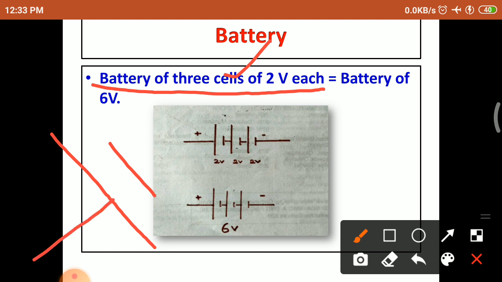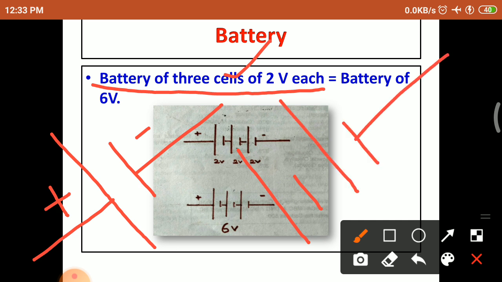The long terminal is positive and the short terminal is negative. When more than one cell is connected together, that is called a battery.